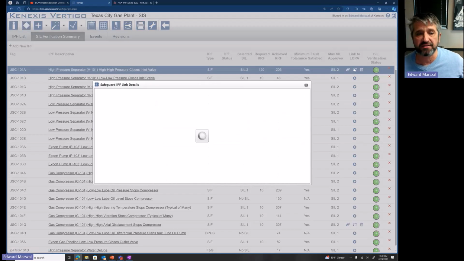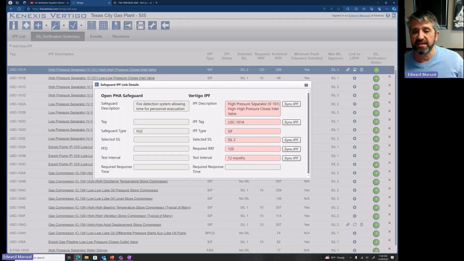When I synchronize the connection, it brings up the information I see in the OpenPHA study on the left, and what I see in the Vertigo study on the right. So I can synchronize things.